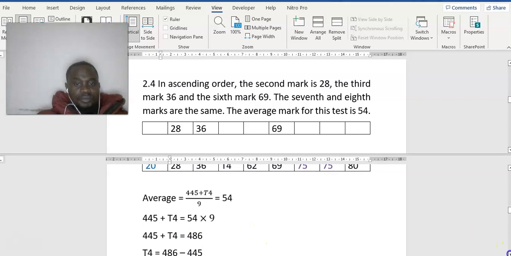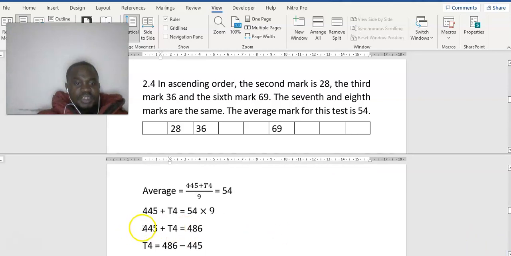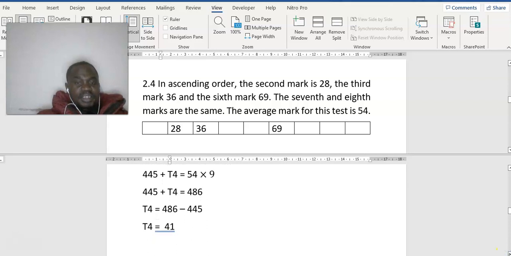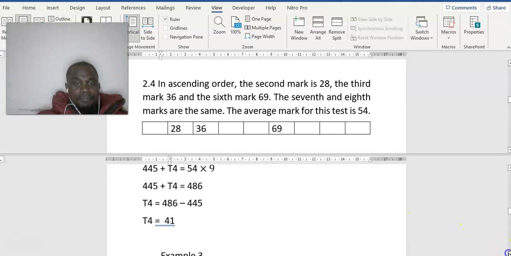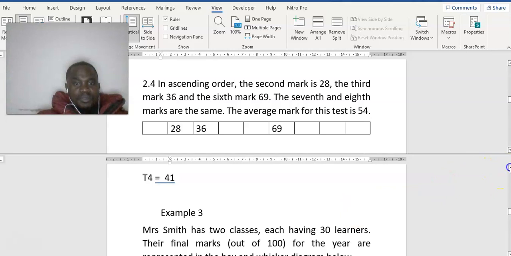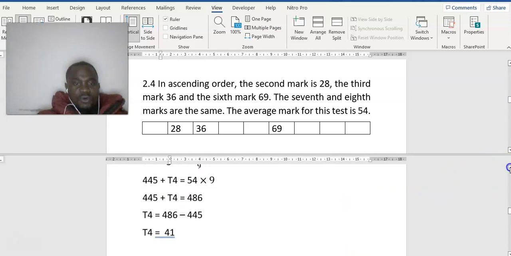Then transpose this 445 to this side, so it's going to be minus 445, and T4 is going to be 41. So if I fill that side for T4, our T4 is going to be 41.